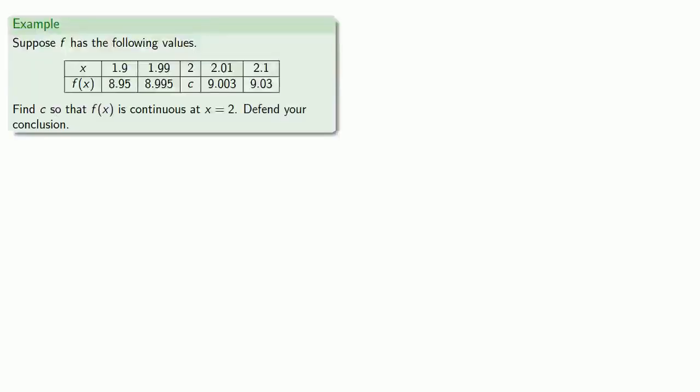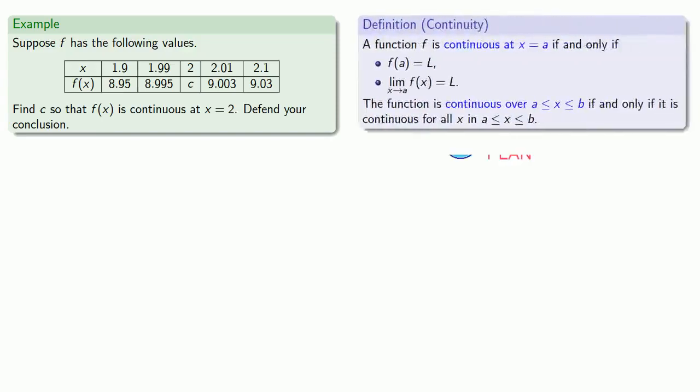For example, suppose f has the following function values. Let's find a value c that will make f of x continuous at x equals 2. So let's pull in our definition of continuity. And if we want the function to be continuous, we need the function value to be equal to the limit.